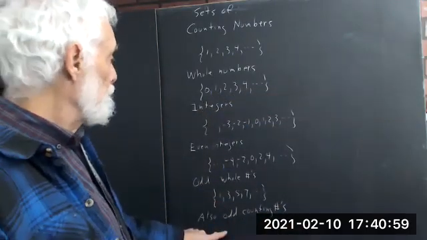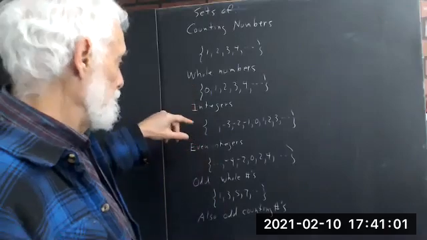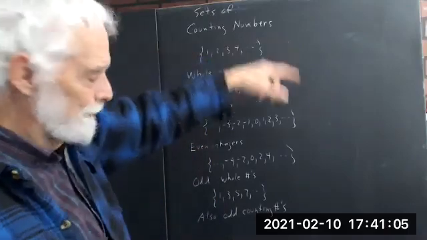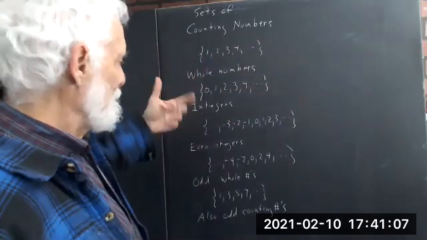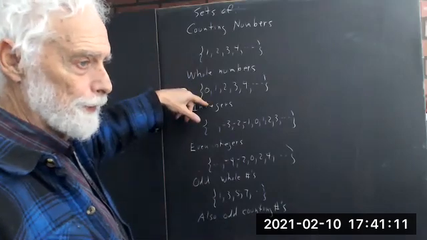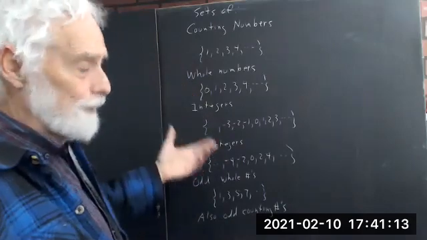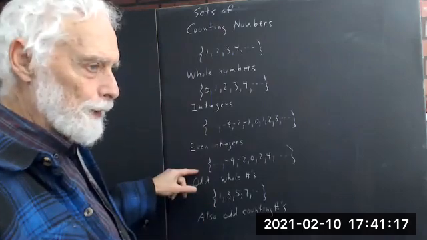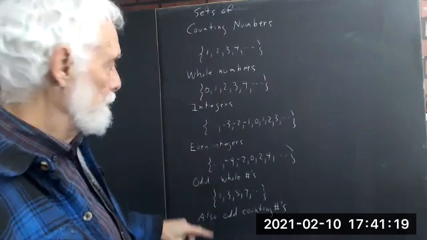Those also happen to be the odd counting numbers. That makes sense because the only difference between the counting numbers and the whole numbers is 0. 0 is not odd. So this set could represent the odd whole numbers or the odd counting numbers.